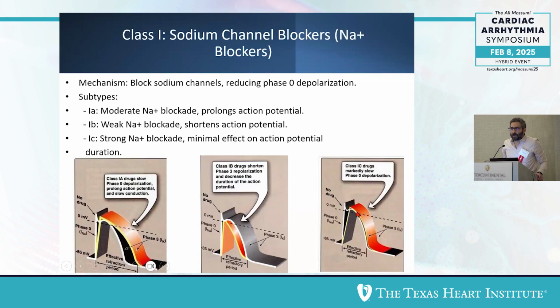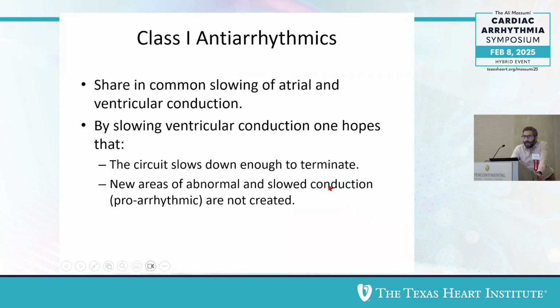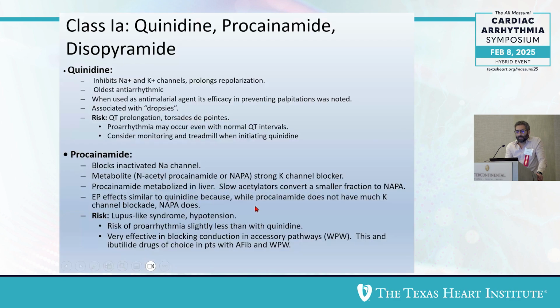So beta blocker activity and sodium channel blocking activity. So what class 1 antiarrhythmics share in common is slowing of atrial ventricular conduction, and by slowing conduction, you hope that the circuit slows down enough to terminate, but you got to make sure new areas of abnormal and slowed conduction are not created, because that'll be proarrhythmic.